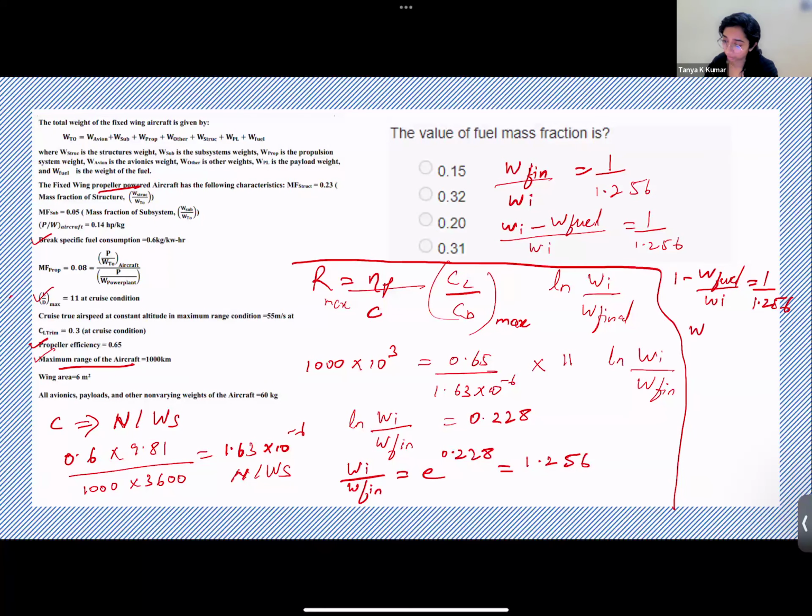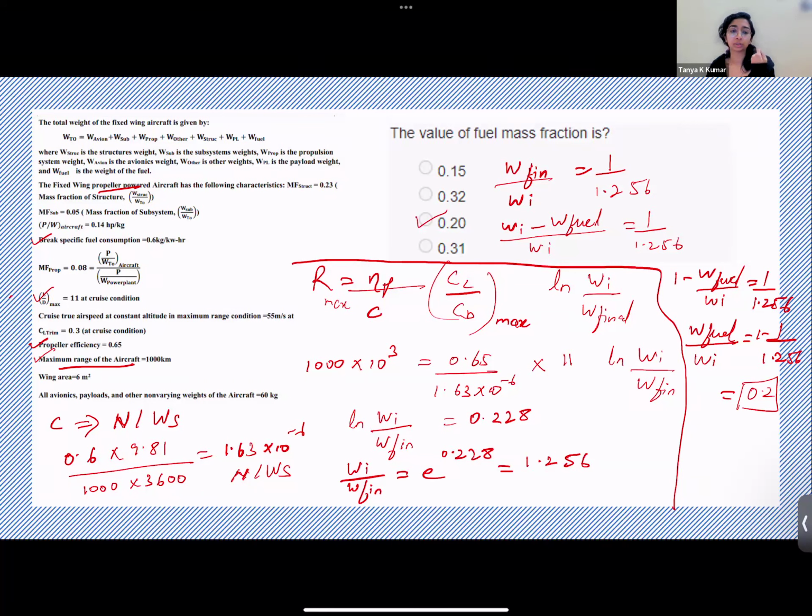And what we need to find is W fuel by W initial, which is 1 minus 1 by 1.256, which is, what is the value? 0.2, correct. So 0.2, this is the final answer. So is this process clear?